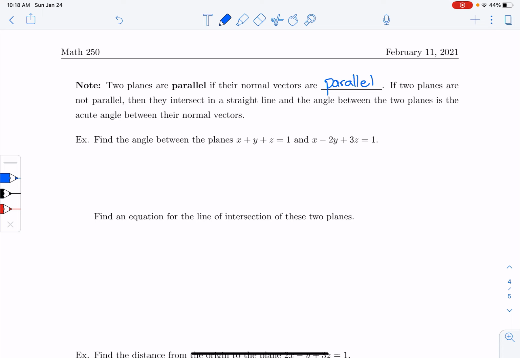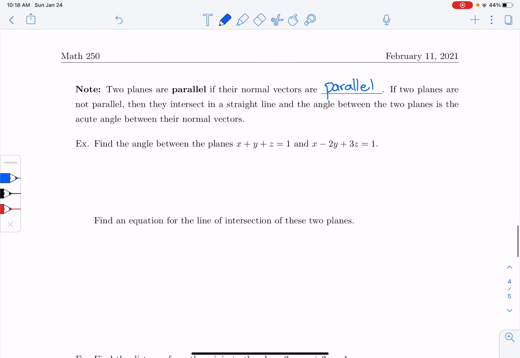Now, if 2 planes are not parallel, then they intersect in a straight line, and the angle between those 2 planes is the acute angle between their normal vectors. So we either have that 2 planes are parallel, or those two planes intersect. But if they intersect, then we can define the angle of intersection for those two planes.